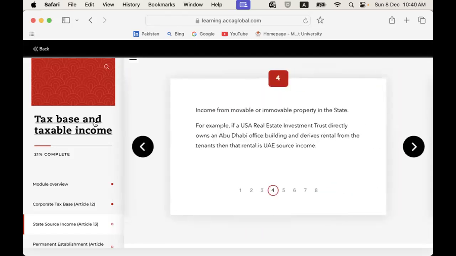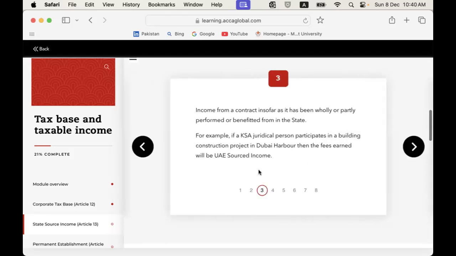Sorry. Yeah, in this case, the KSA company would need to get a tax number here in the UAE as well, and then file as a KSA juridical person or a UAE person?